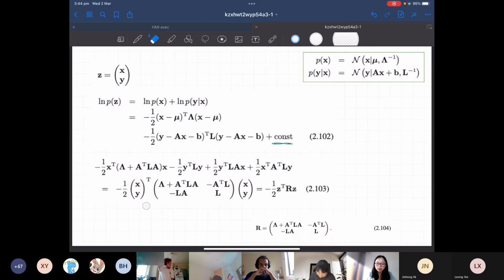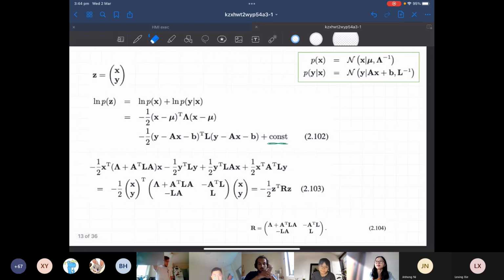If we complete the squares for x and y jointly, we get this. So it's taking this and unrolling it into essentially this 2x2 matrix product, a vector-matrix-vector product. And the joint covariance matrix looks like this.